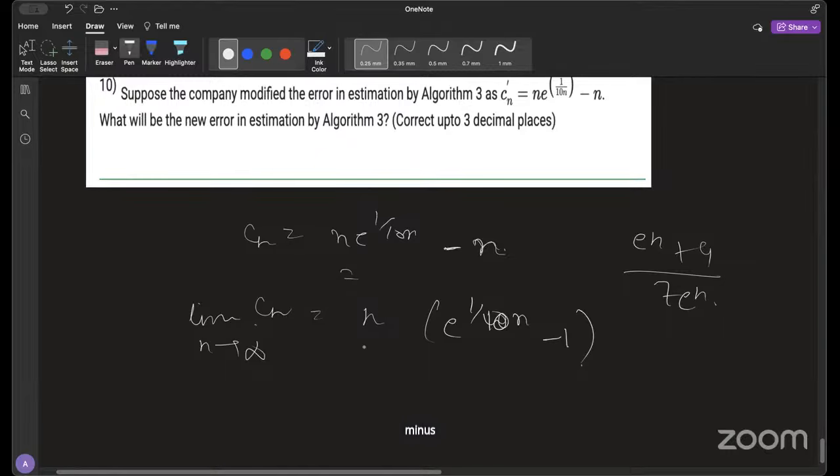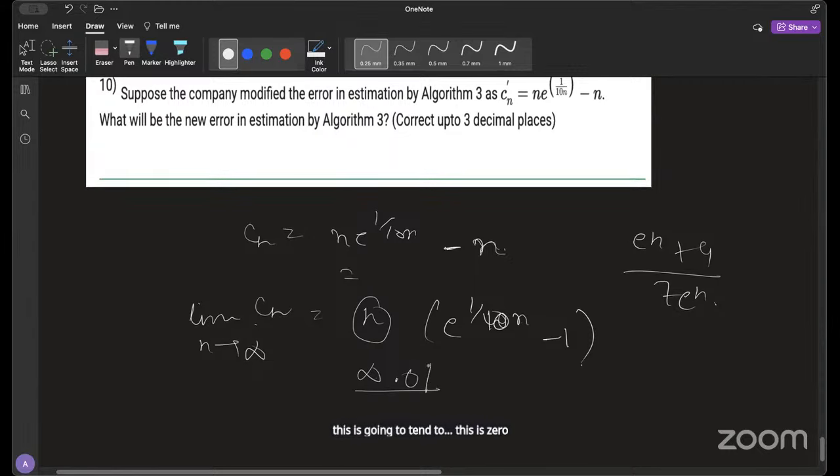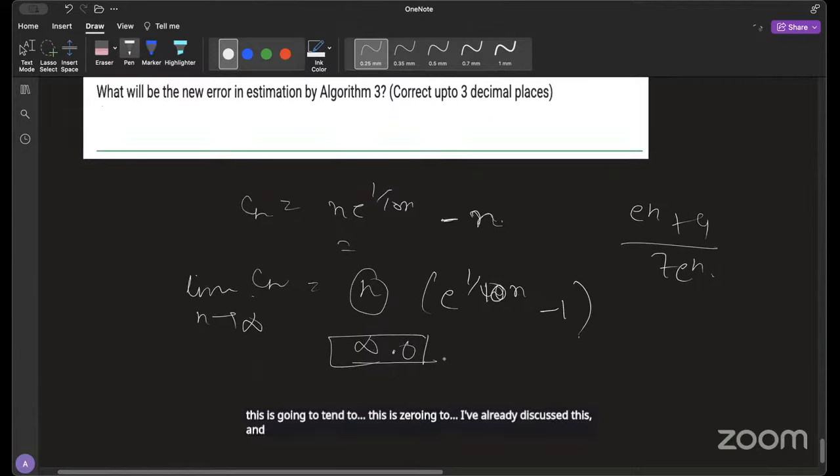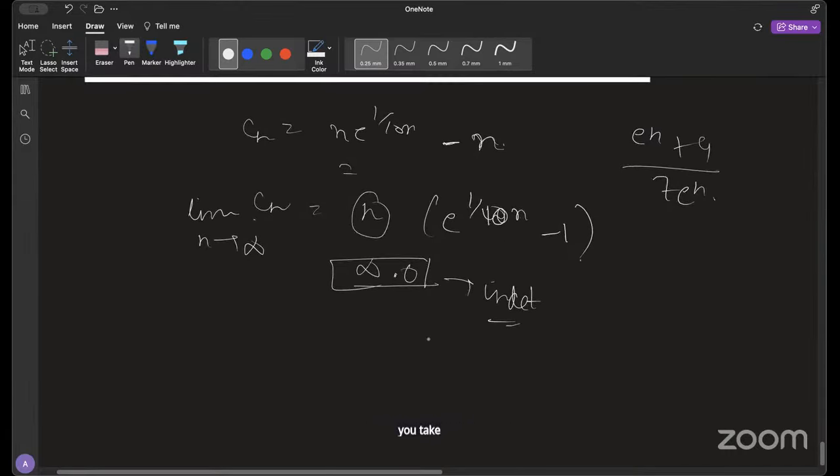As n tends to infinity, this tends to infinity, and this thing tends to 0. This is 0 into infinity, which, as I've already discussed, is an indeterminate form. So how do you deal with it? You use L'Hopital's rule for these cases.